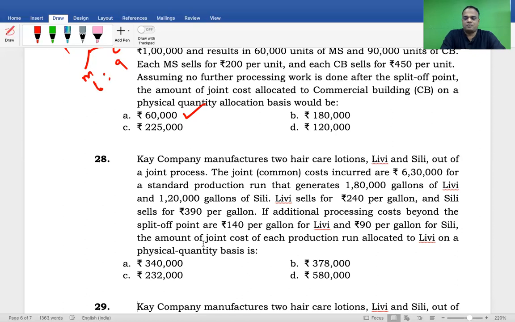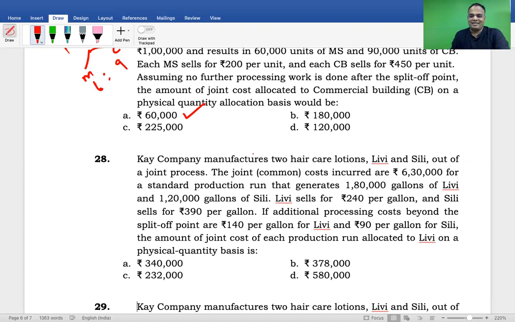Livy sells for 240 per gallon and Silly sells for 390 per gallon. If additional processing costs beyond the split off point are 140 for the first product and 90 for the second product, what is the amount of joint cost allocated to Livy on physical unit basis?